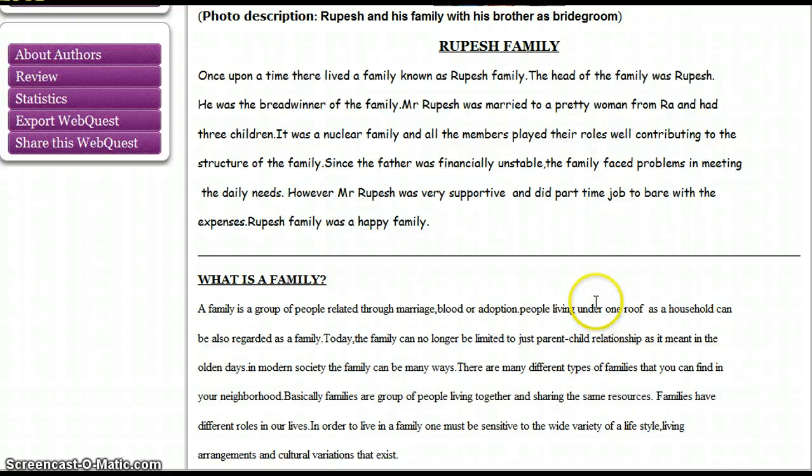Then also in the introduction page, after the short story, I have written a brief introduction about what a family is. I have first defined the family and then discussed generally the components of a family.